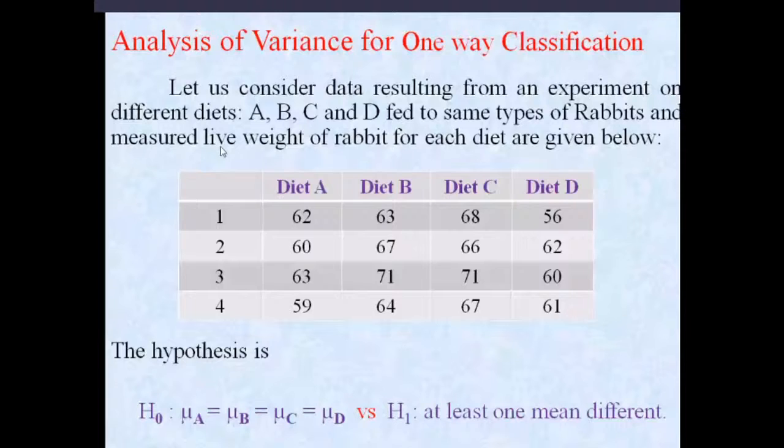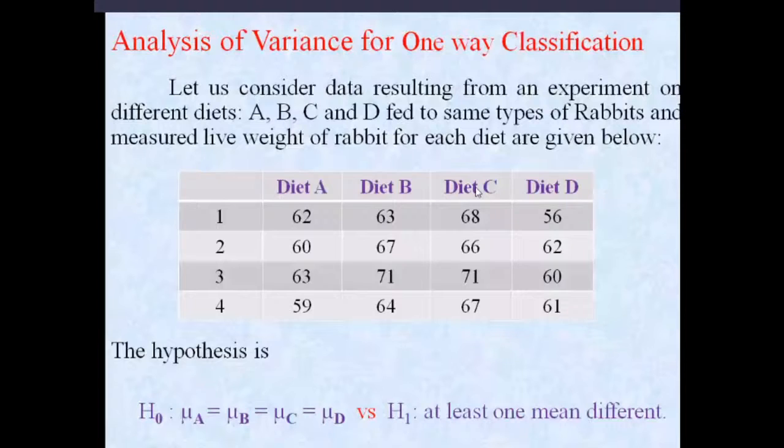The weights of the rabbits on the first diet, I took 4 rabbits. The second diet is also given to 4 rabbits, and the third diet is also given to another set of 4 rabbits, and so on.